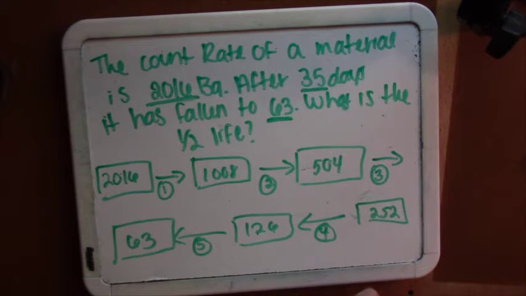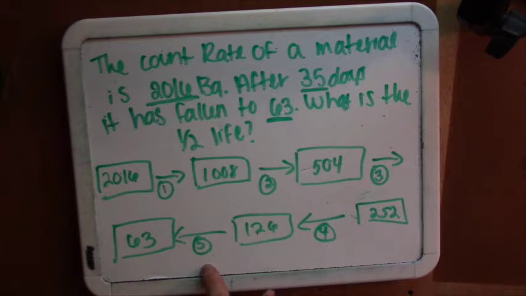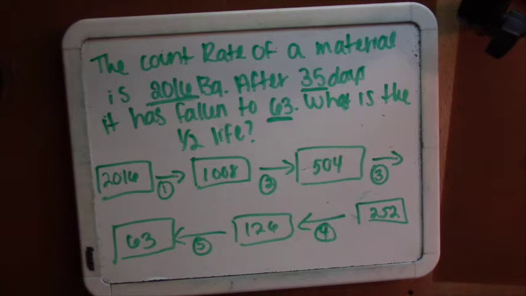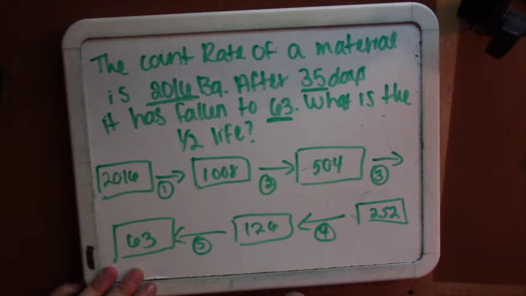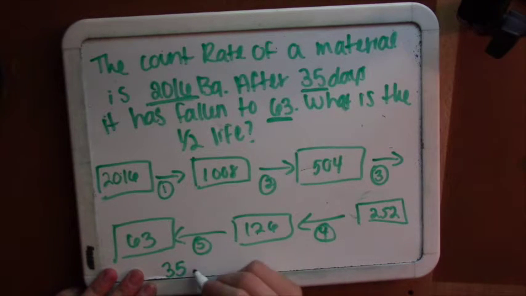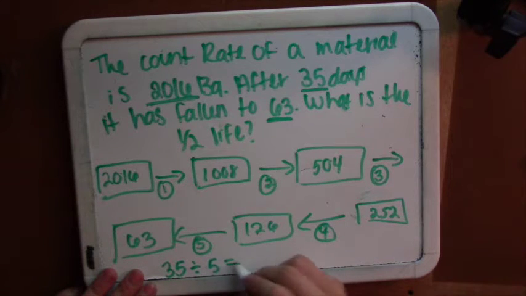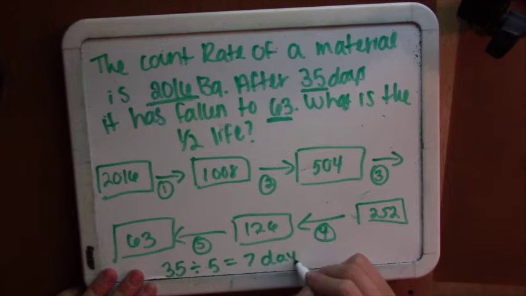So going from 2016 to 63, there are 5 half-lives that need to take place. By getting that number 5, we know that if 5 half-lives take place within 35 days, each half-life is worth 7 days. And we find that by taking 35 and dividing it by 5 to get 7 days.